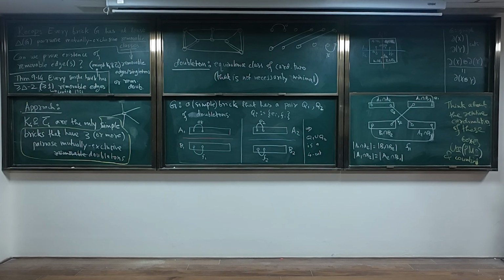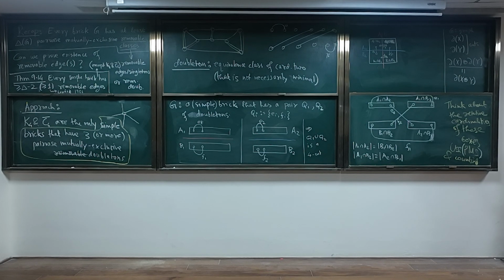So, either Q1 union Q2 is a matching, in which case you have 8 distinct vertices. In this case, we will prove that Q1 union Q2 extends to a perfect matching of the whole graph.